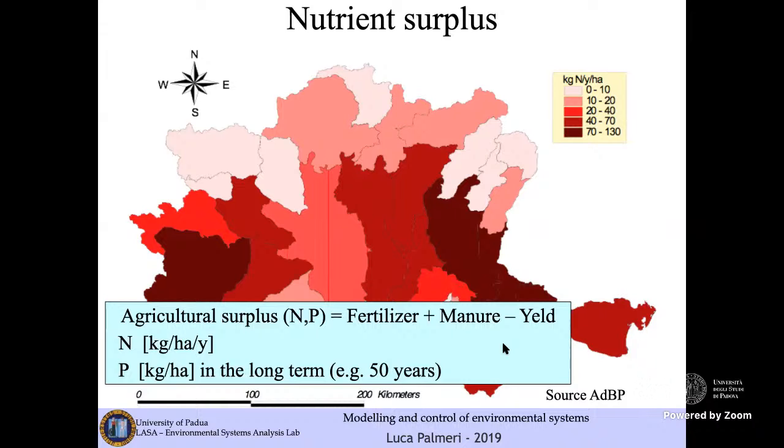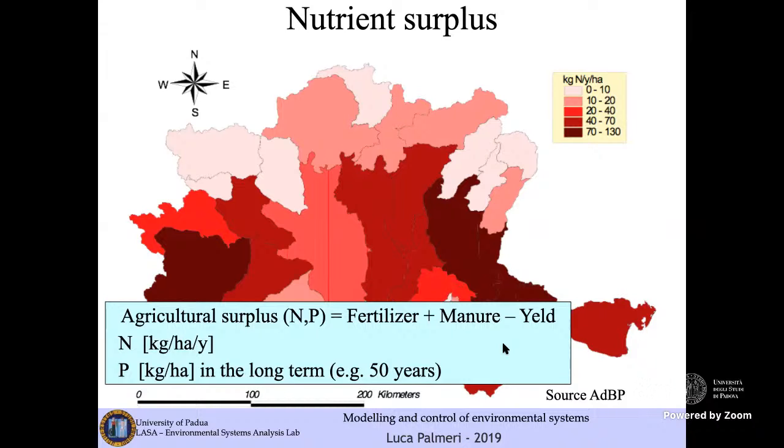But we refer to agricultural consortia. Agricultural consortia are associations of farmers, so an agricultural consortium can provide us with quite reliable average information concerning these figures.